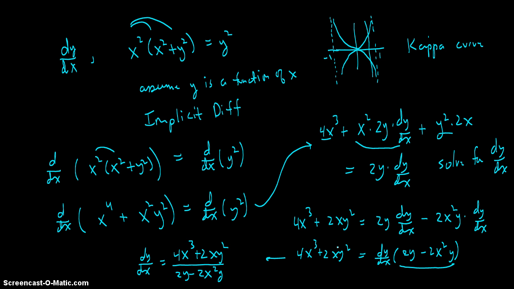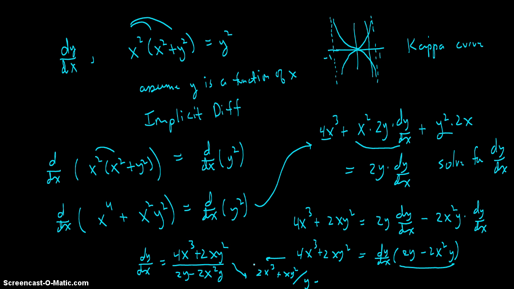There's already 50y on the right side, and now we'll move the 4x cubed over, so minus 4x cubed, and we'll move the 4xy squared over, so minus 4xy squared.